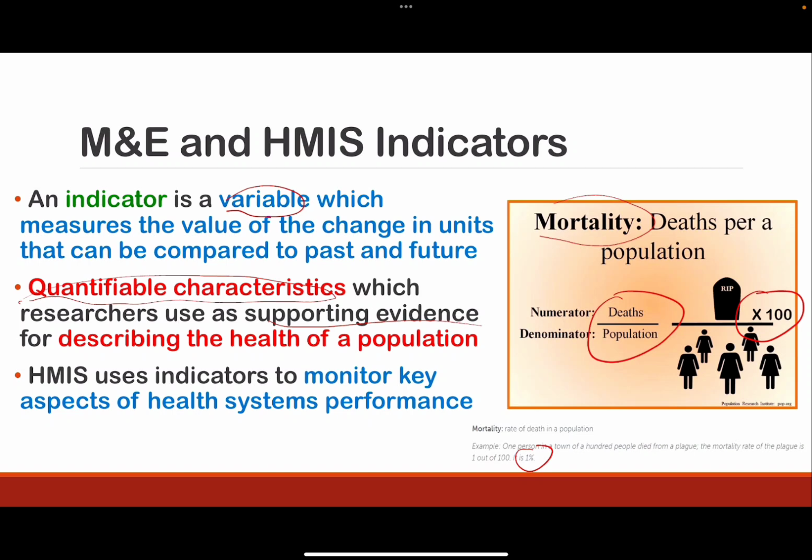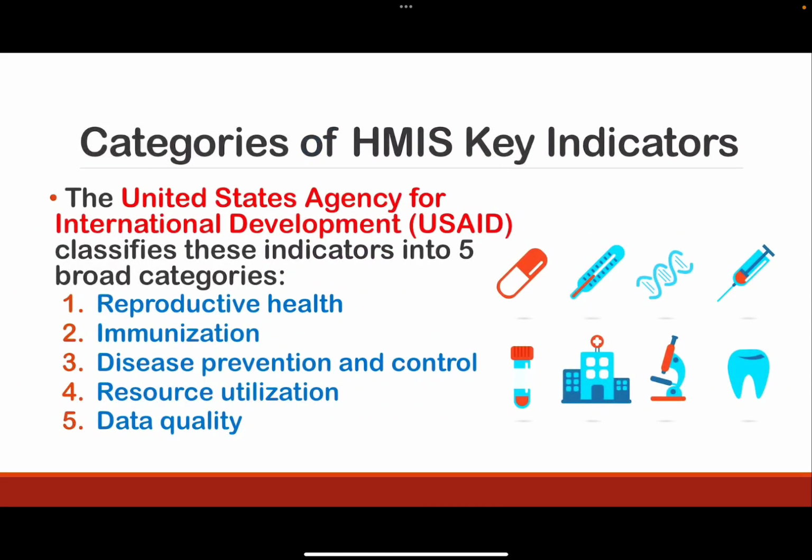So, for example, there is one person in a town of 100 people died from a plague. The mortality rate of the plague is 1 out of 100. So, it is 1%. So, again, review na lang to siya sa inyong BE or sa inyong biostat.